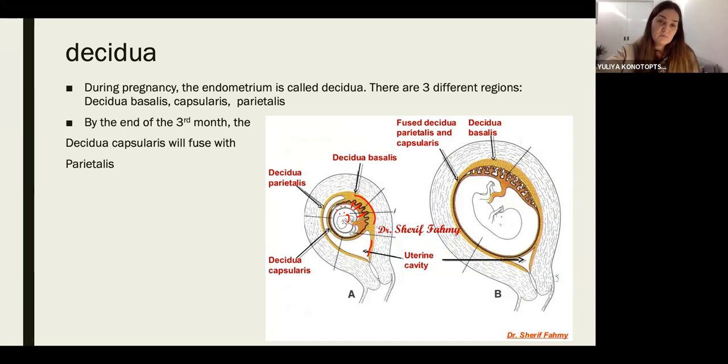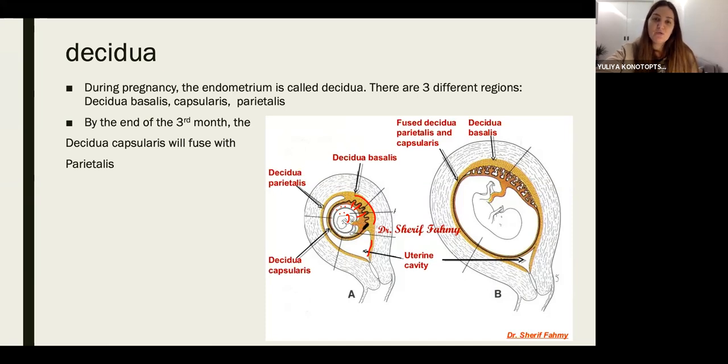And the part outside where there is no placenta, do I need the villi? Well, of course not. There is no placenta, so I'm not receiving anything. So here the villi will degenerate. And this area is actually called chorion leve. So this area is the chorion leve.